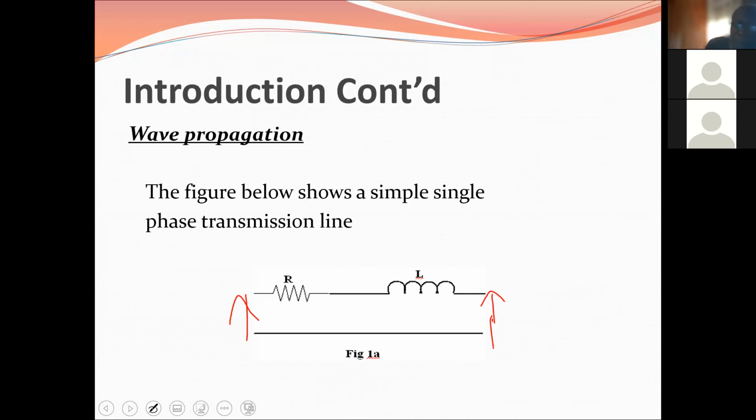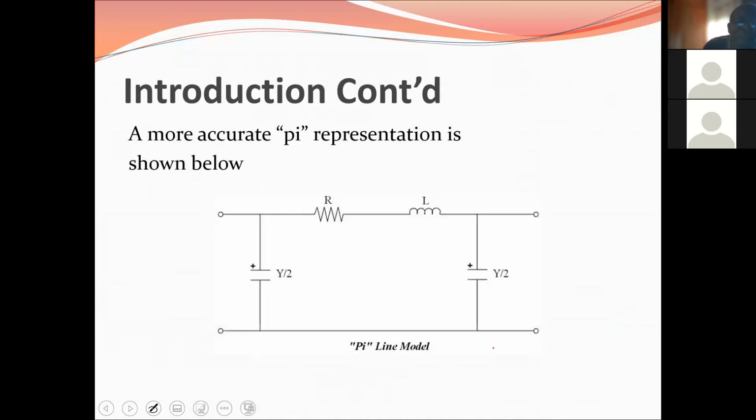Similarly, for your medium line, your pi representation, where you have your admittance over 2, these parameters have their importance.